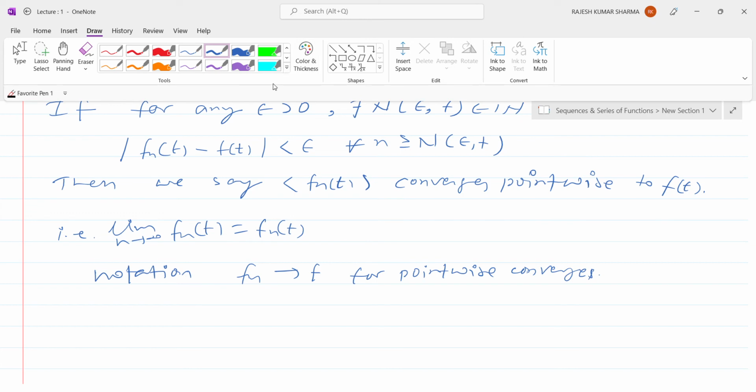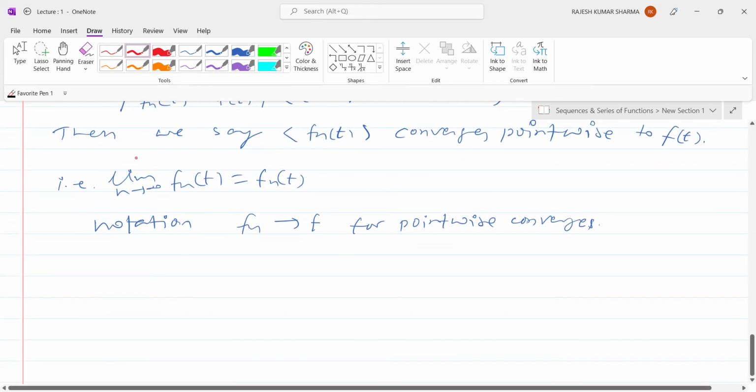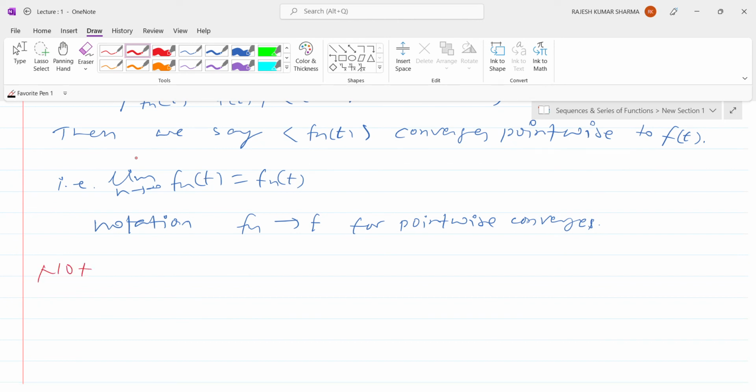Now see the notes. We already studied this, but now we write it in the notes, so that anytime you can recall it.